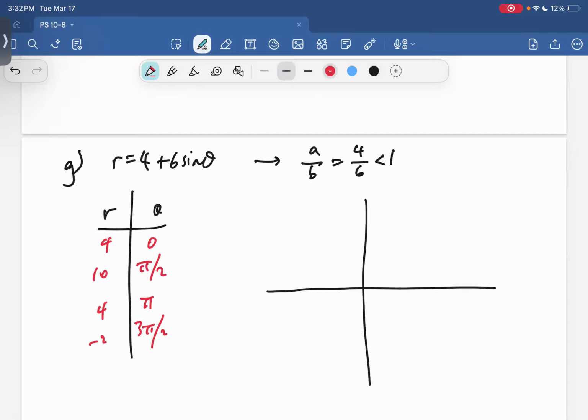So 4, 0 is right there. 10, pi over 2 is going to be quite high up. 4, pi is here, and the -2, 3 pi over 2 is actually going to be here, right? So the loops will look like this.